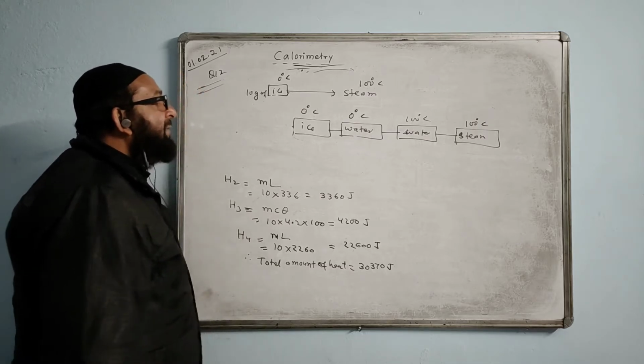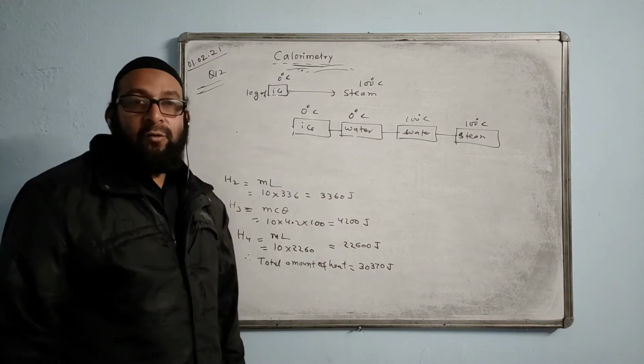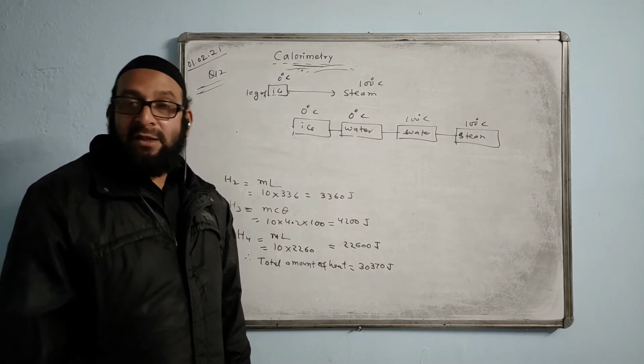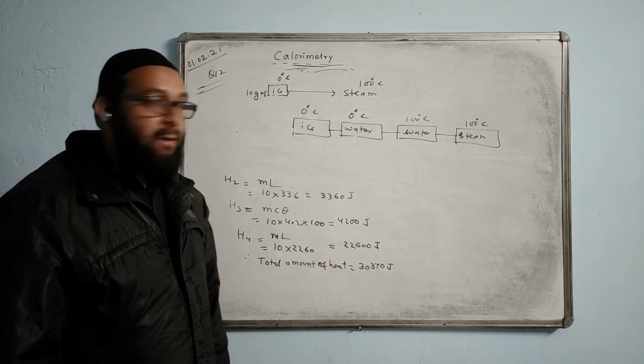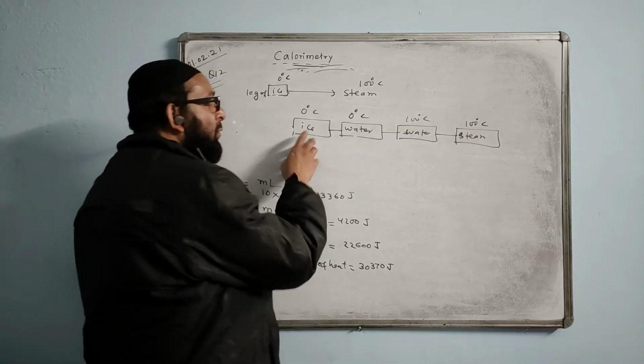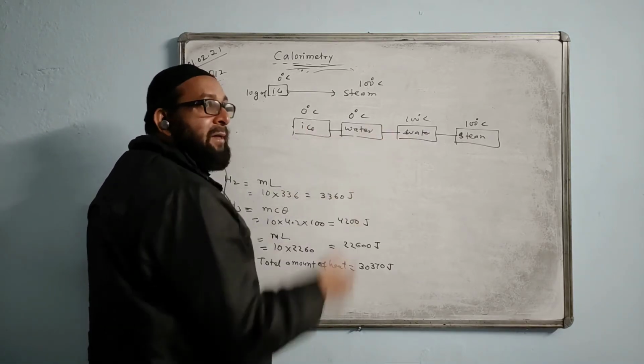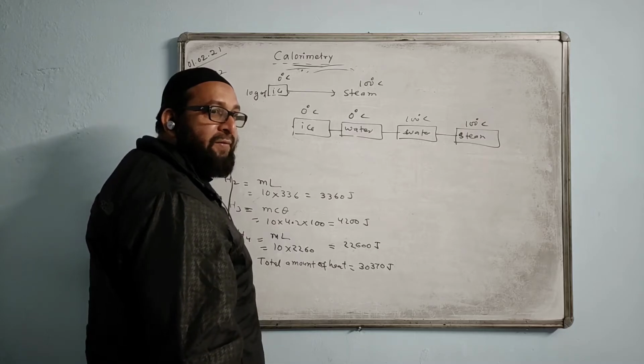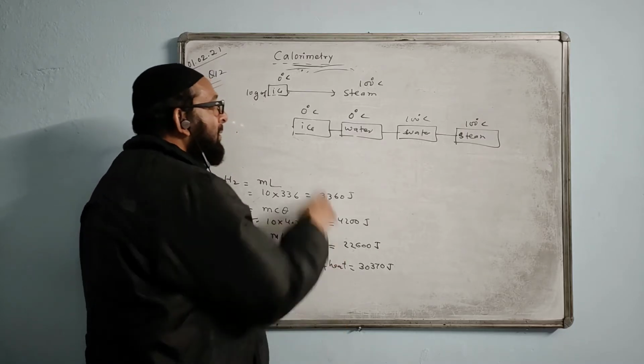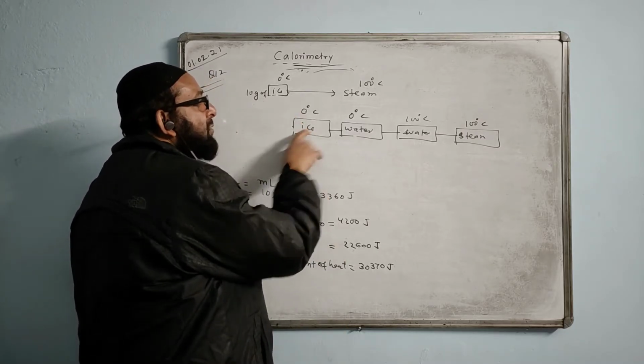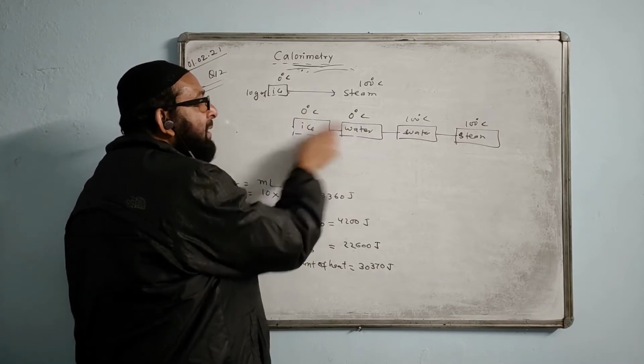If they ask, you have ice of 0 degrees Celsius, but you have to convert it into water of 50 degrees Celsius, how will you do it? Heating, you have to heat. Boiling is at 100 degrees Celsius, so you want water of 50. Ice of 0 is there, first supply heat, it will make it into water.